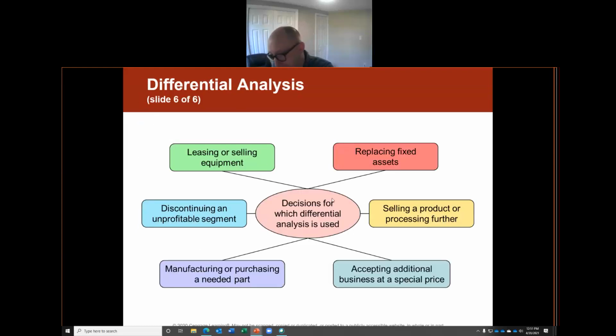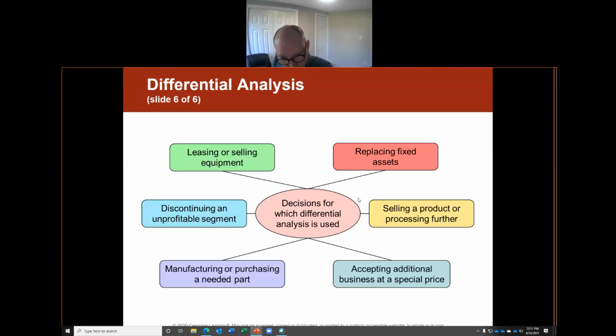So there's a lot of things that we can use this type of differential analysis for. The idea behind leasing or buying equipment, replacing a fixed asset like a chiller. I told you guys that story a long time ago. Selling a product or processing it further, accepting additional business at a special price, manufacturing or purchasing a part, discontinuing an unprofitable segment.